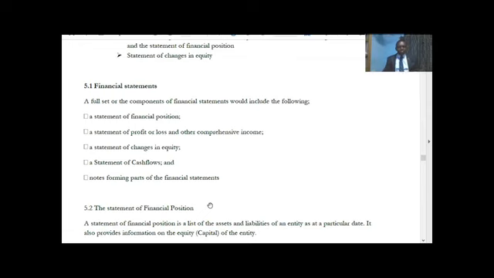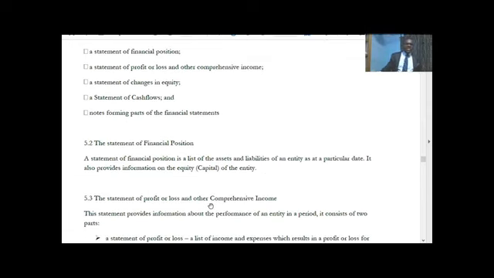Okay. Great. Now let's look at the statement of financial position. Now, what goes into the statement of financial position? Good. Now, a statement of financial position is a list of the assets and liabilities of an entity as at a particular date.